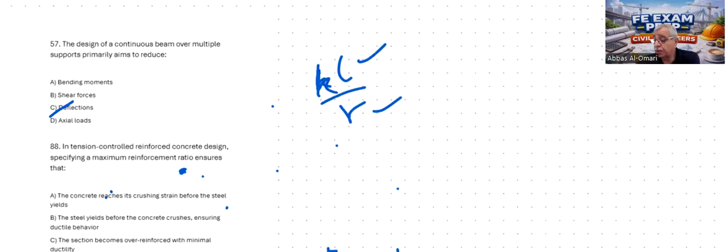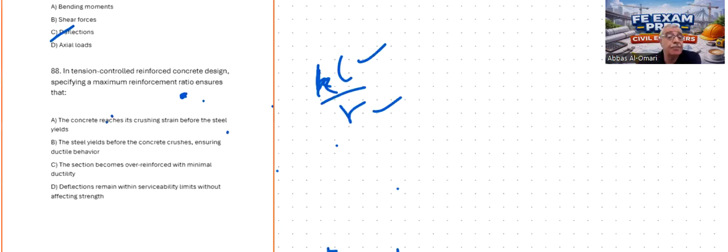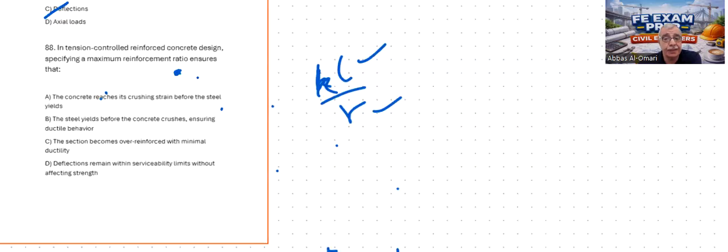In tension-controlled reinforced concrete design, specifying the maximum reinforcement ratio ensures that. Now, when we reinforce a concrete section, concrete is brittle and steel is ductile. That means the failure of concrete is sudden.